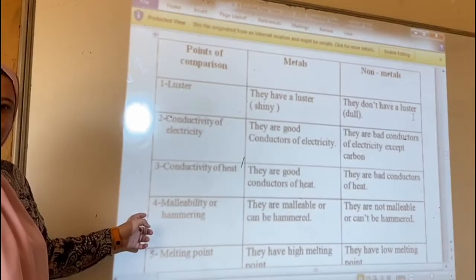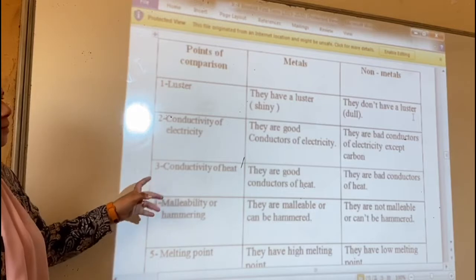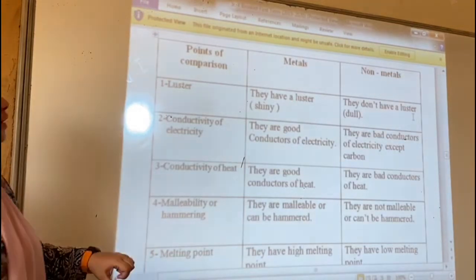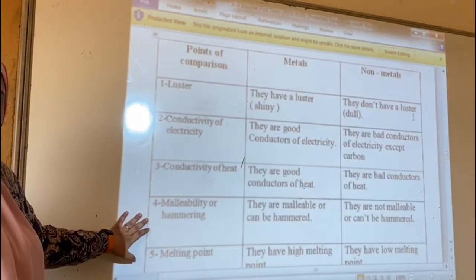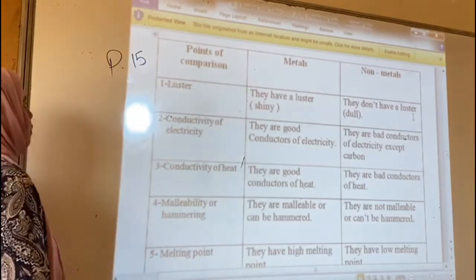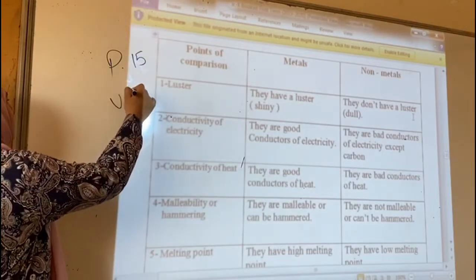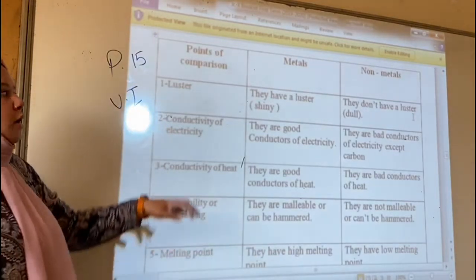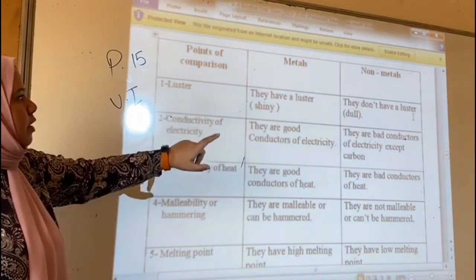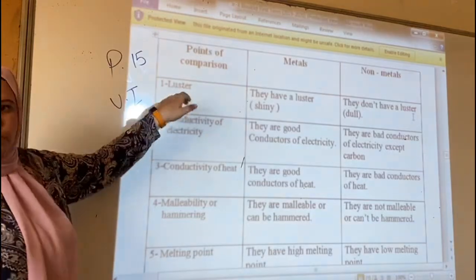Let's make a quick revision on the properties of metals and non-metals by making a comparison between them. You will find this table on page 15 in your booklet, and this table is very important. Number 1, the point of comparison is luster.